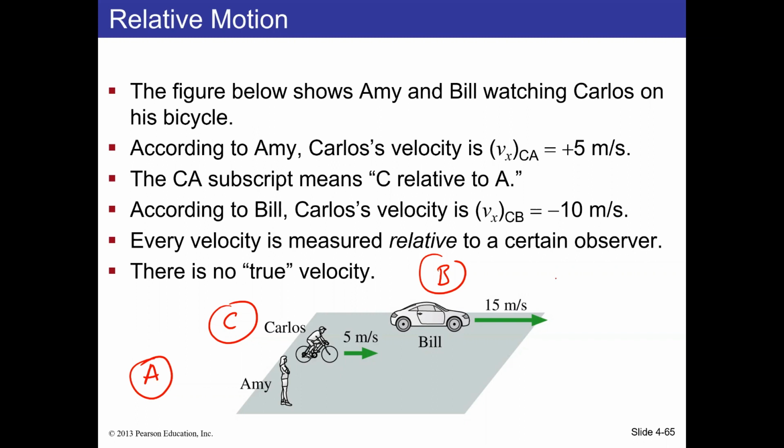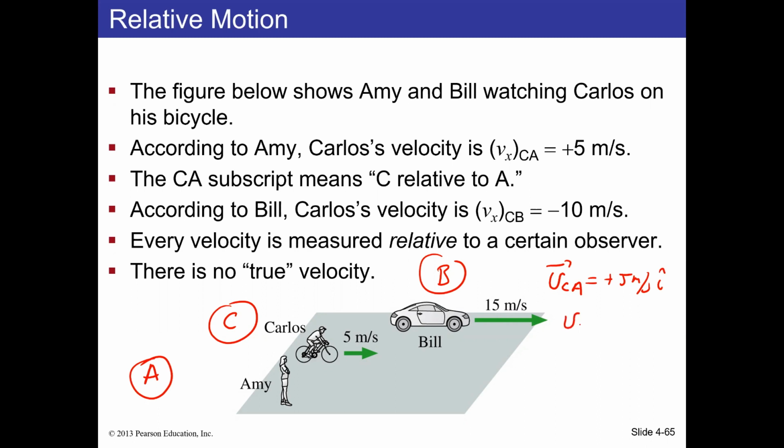We can write this to make it specific that this is what Amy is measuring. We say the velocity of Carlos relative to Amy, with the subscript being velocity of whatever relative to the very specific observer. So the velocity of Carlos relative to Amy is then plus 5 meters per second I hat, for example.